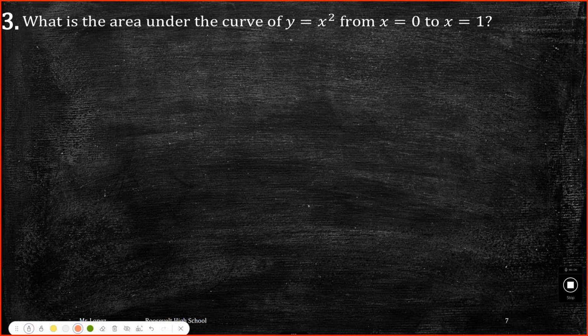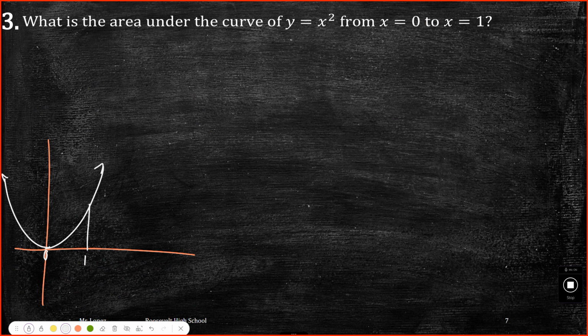This is how we started chapter 6, where I said a long time ago, you have the x squared function, and then they were asking what's the area from 0 to 1? What is this area here?